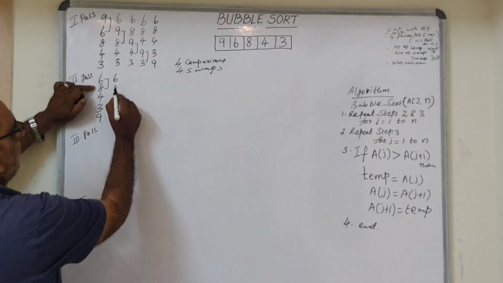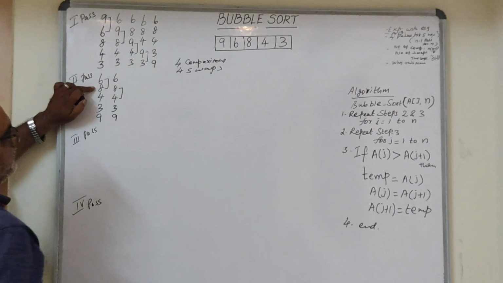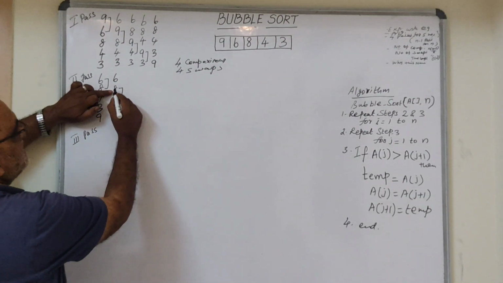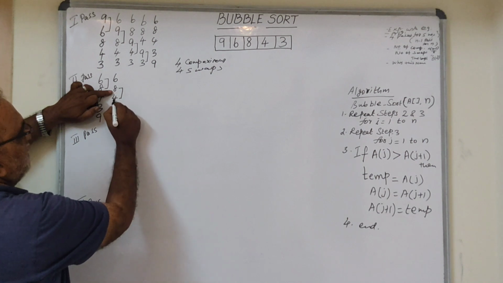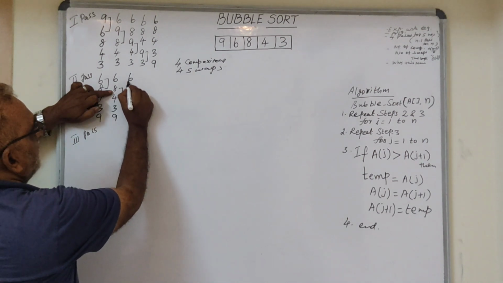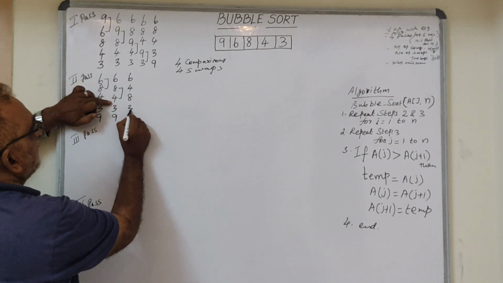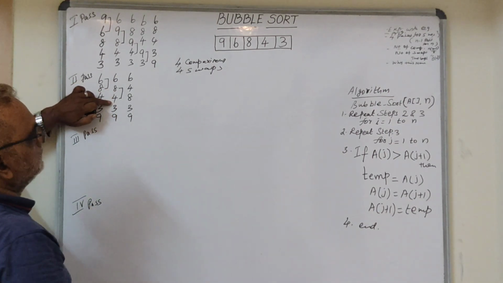Now you have to compare with the next element. Now this 8 is greater than 4, so we have to perform swapping. So 8 will go down, and this is 3 and 9.